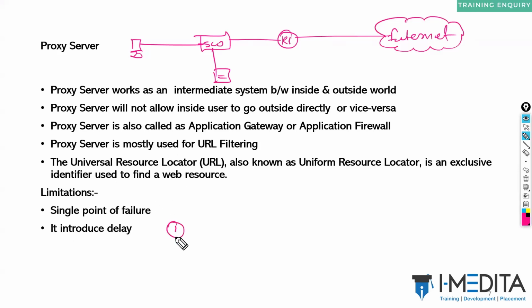The first solution is high throughput network devices. High throughput means you can deploy a gigabit interface switch. You can deploy gigabit interface routers, and you can take a 1 Gbps internet link like this.